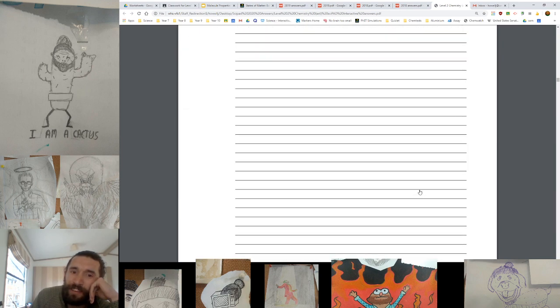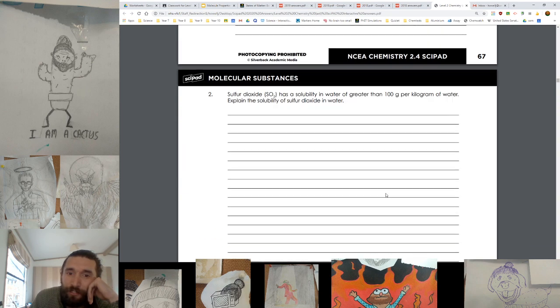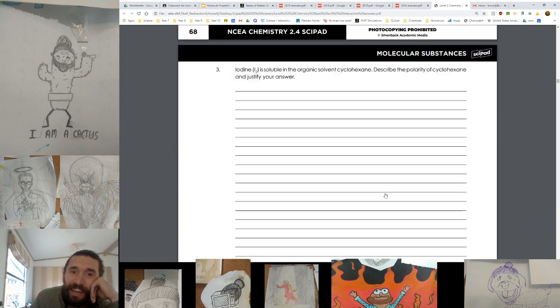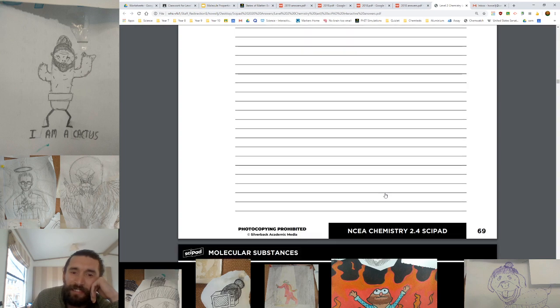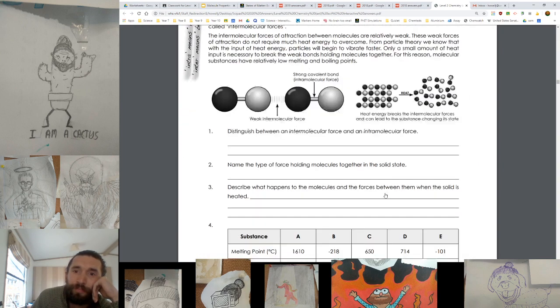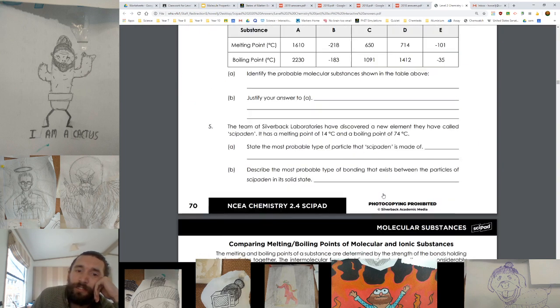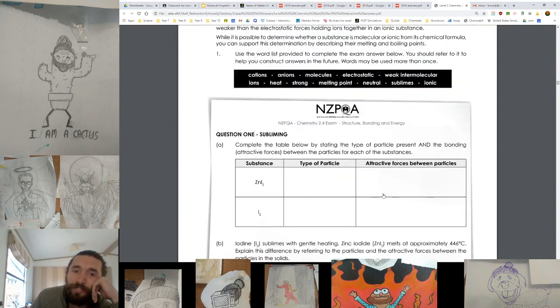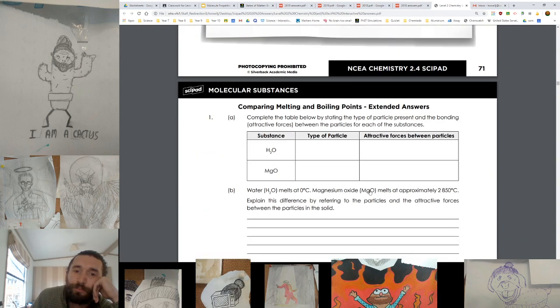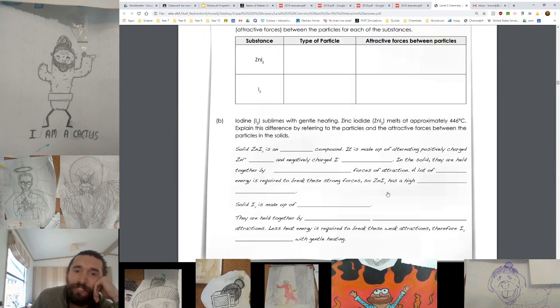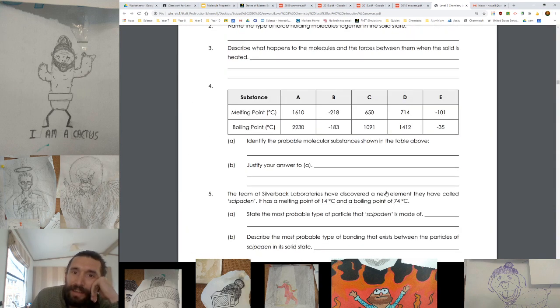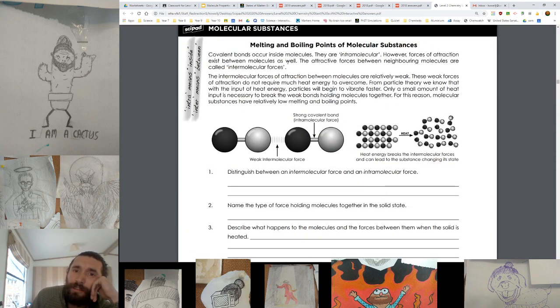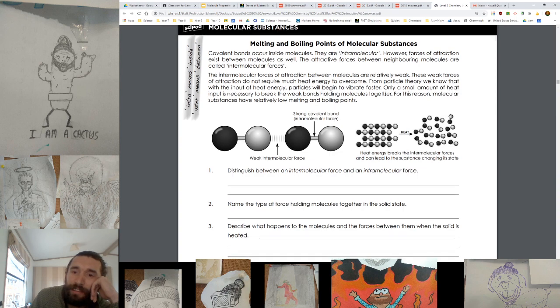If you can do page 66, maybe do page 67 as well, but pages 68 and 69 are pretty much exactly the same, so don't worry about that. And the last page I'd like you to do is page 70, just page 70. That's looking at the melting and boiling points of these molecular substances.